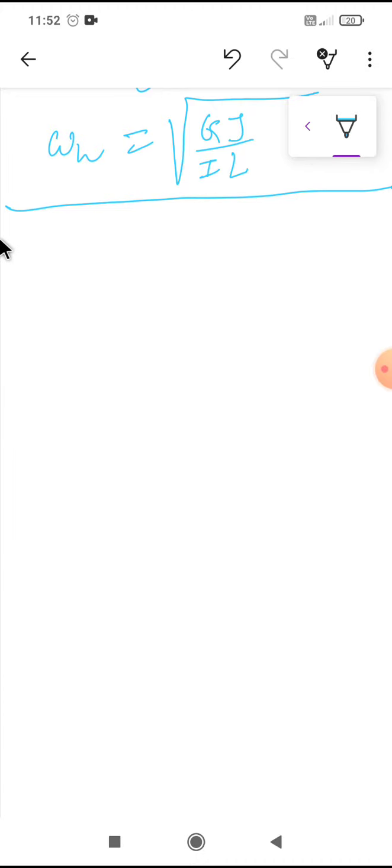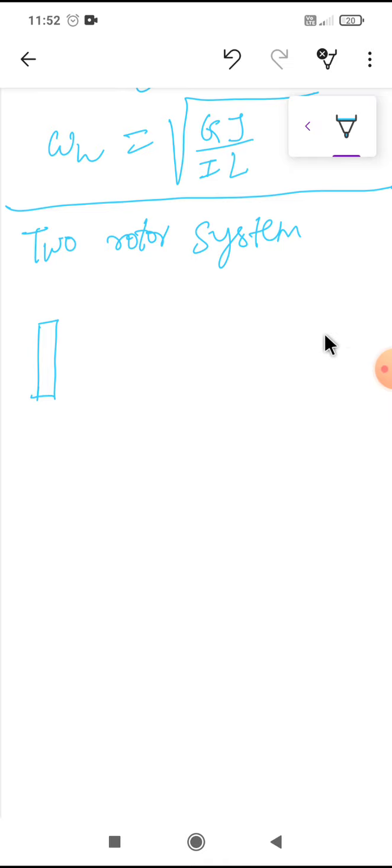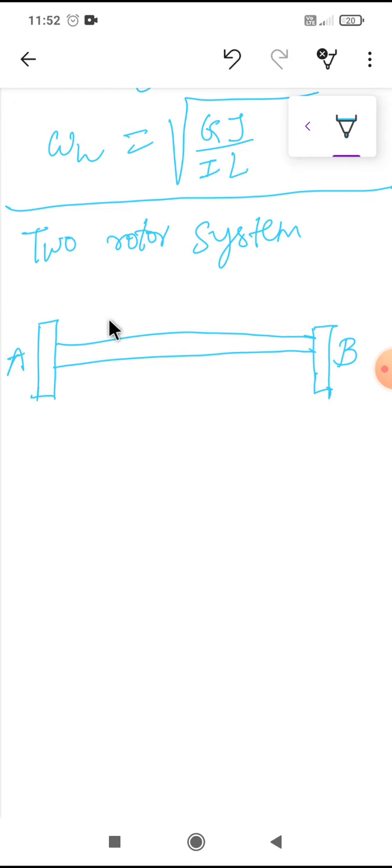Suppose there are two rotors, rotor A and rotor B, and a shaft is connected having a diameter small d.